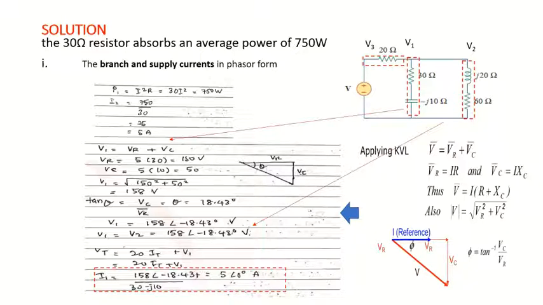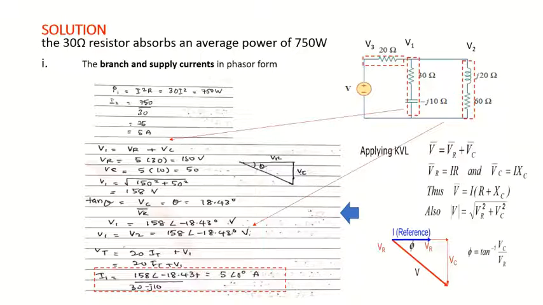By applying the formula beside here, the magnitude of V is equivalent to the square root of VR squared plus VC squared. We know that VR is equal to IR and VC is equal to IXC. So V is equivalent to I times the square root of R squared plus XC squared, because in the first branch we have the resistor and the capacitor.